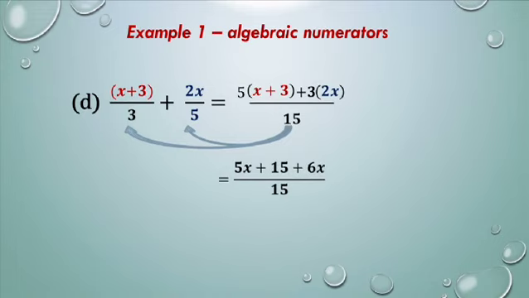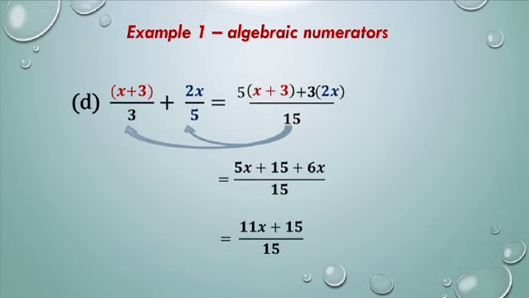So 5 times x, 5x, plus 5 times 3, 15, plus 3 times 2x, which is 6x, the whole of it over 15. Simplifying, that is, we add the like terms. 5x plus 6x gives me 11x plus 15 over 15.